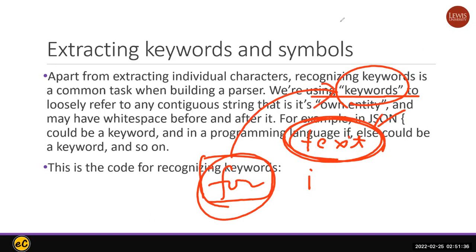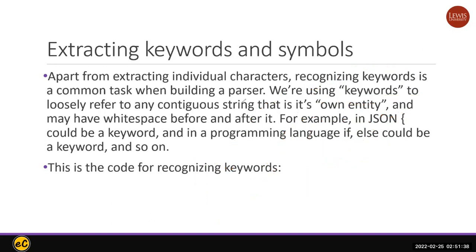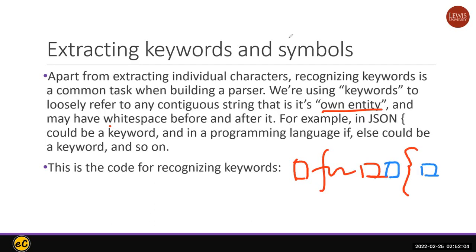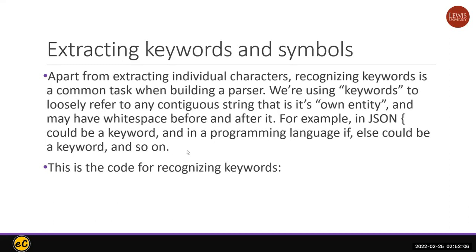We use keyword loosely to refer to any contiguous string that has its own entity, and we may have white space before or after it. Say for a for loop, you have white space before and after it. Sometimes you can add extra space before and after it, and that helps the tokenization.